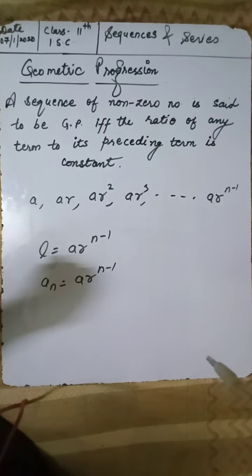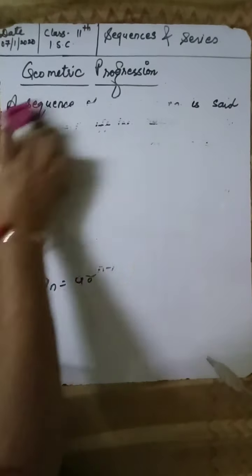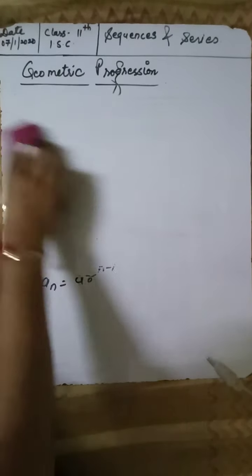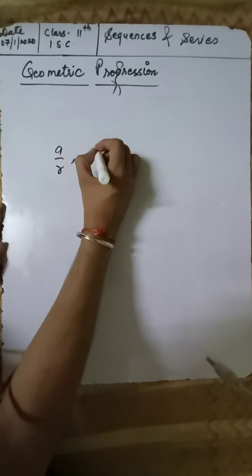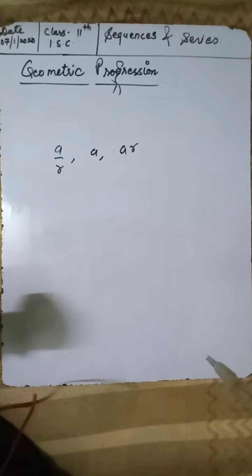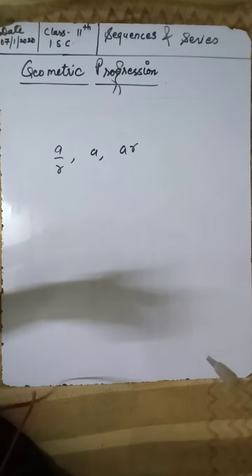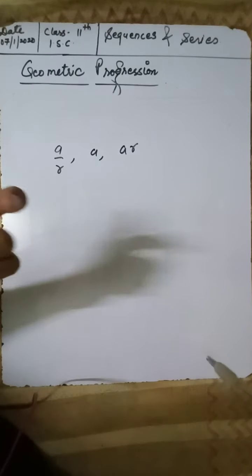But before that, see the important remarks here. If the product of the numbers is given, then in a GP the three numbers to be taken are a upon r, a, and ar. If three terms are in GP and their product is given, this is the selection that gives the optimal answer.